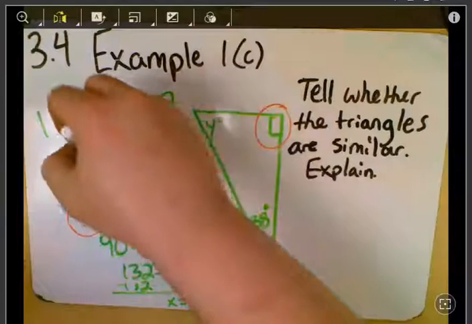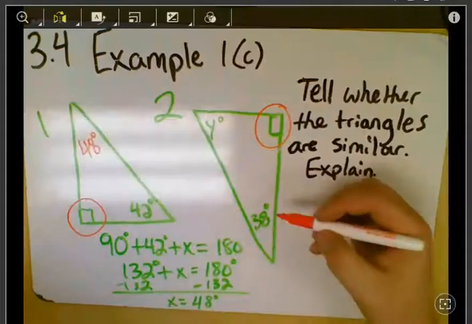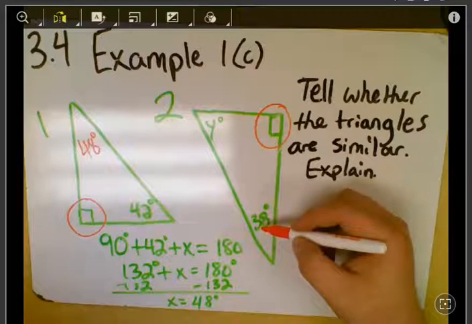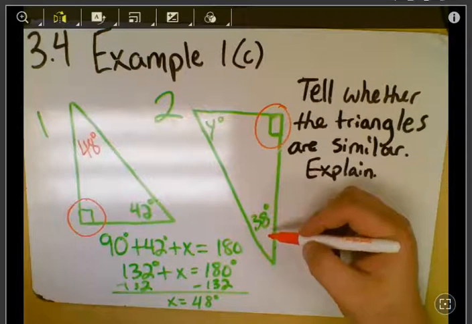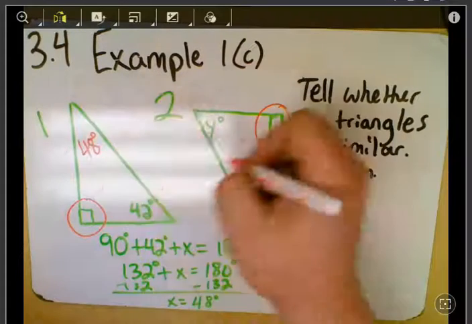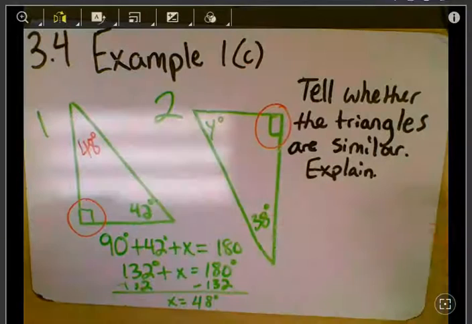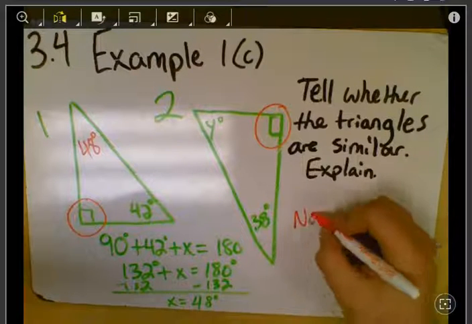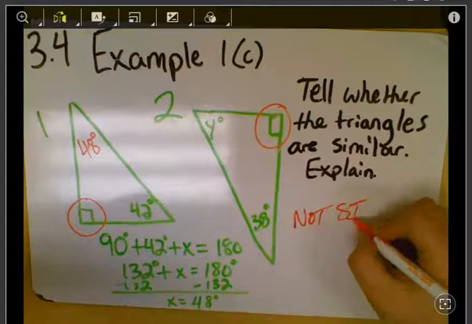And we see that neither one of these angles is congruent to 38 degrees over here. So that makes it impossible for the two triangles to have two pairs of congruent angles, which means that these two triangles are not similar. Not similar.